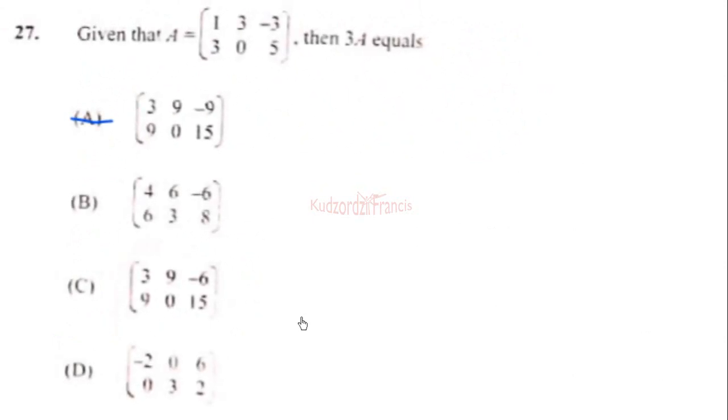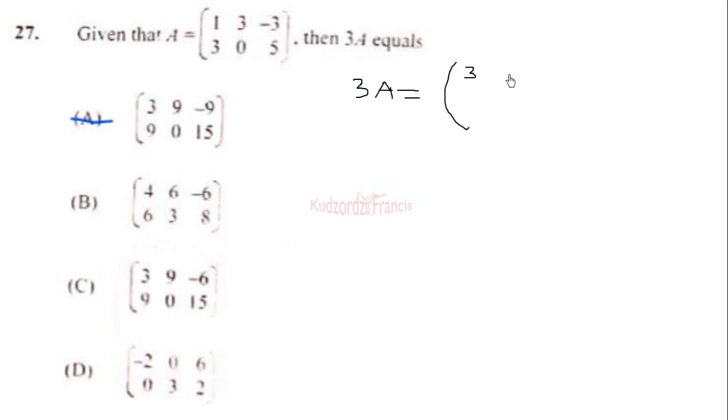Item 27. Given that A is equal to this, we are supposed to find 3A. To find 3A, this is a scalar multiplication of matrices. We multiply each of the entries by the scalar 3. So we get 3 times 1, which is 3.